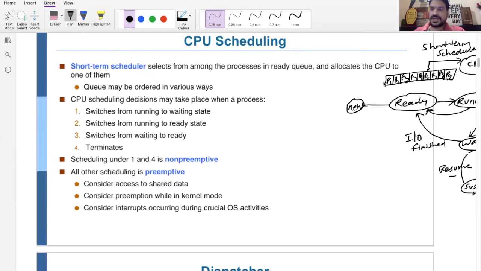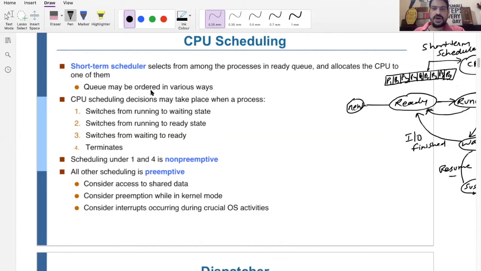Based on that, it will pick up the process from the ready queue and give that particular process to the CPU, and the dispatcher will actually do the state change, and in that way it has to save all the process control block, and it will remove the process control block of the already running process.